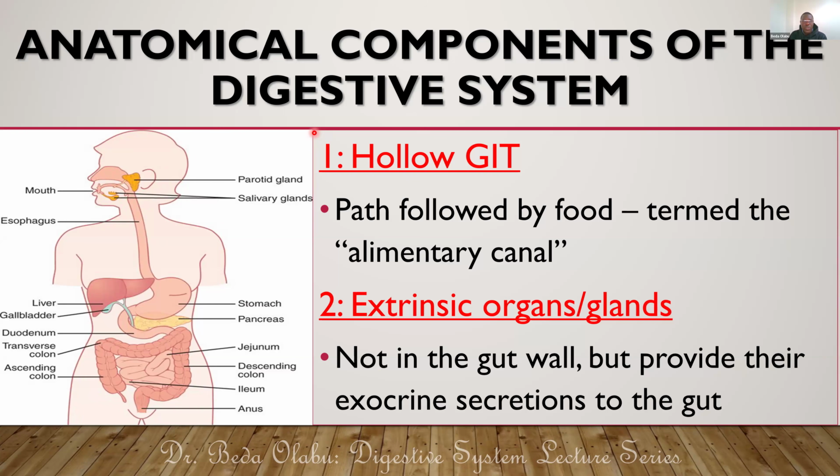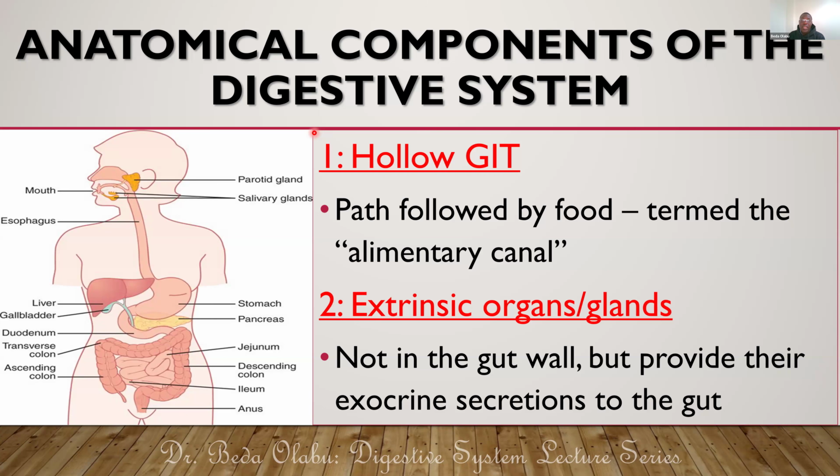What is important to note about the extrinsic glands or organs is that they are not incorporated within the gut wall. However, they have secretions which open into the gut lumen.